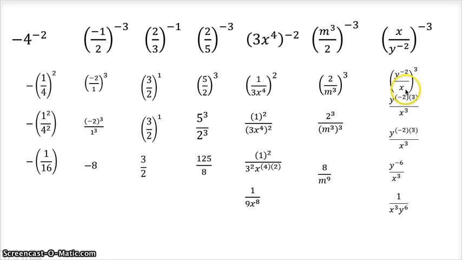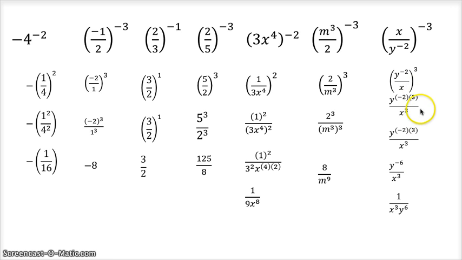Okay, so we flip it. We do power to a power. So negative 2 times 3 and x to the third. So we get x to the negative 6 over x cubed. Because this is a negative, it flips and goes to the bottom. Notice x to the 3 did not have a negative exponent, so that does not move.